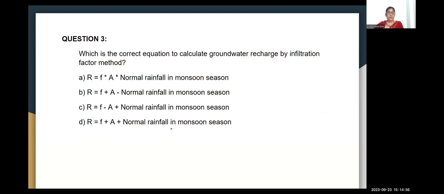Okay, so which is the correct equation to calculate groundwater recharge by infiltration factor method?